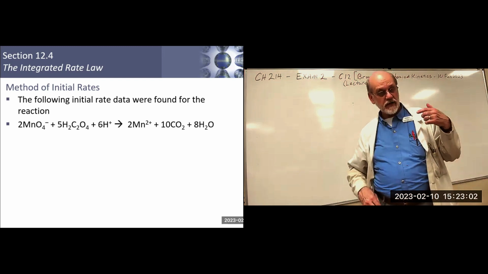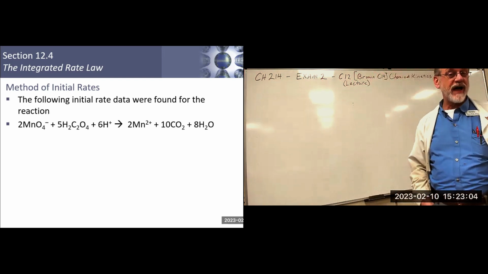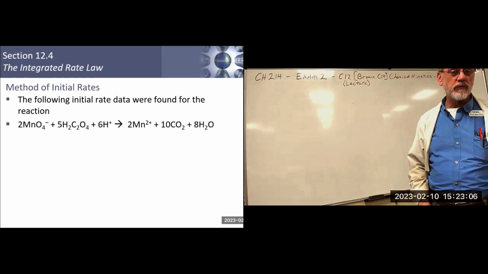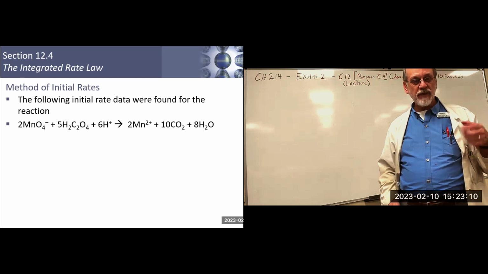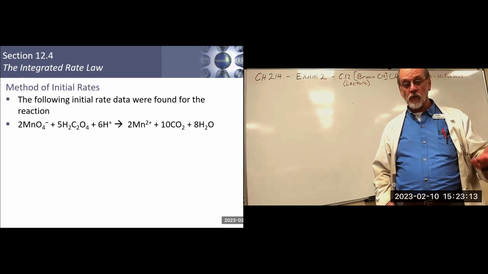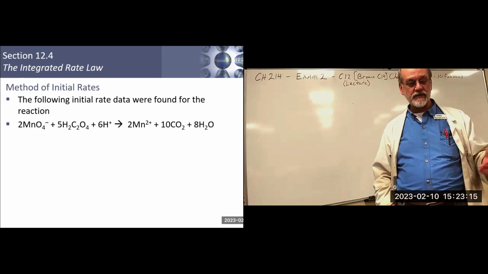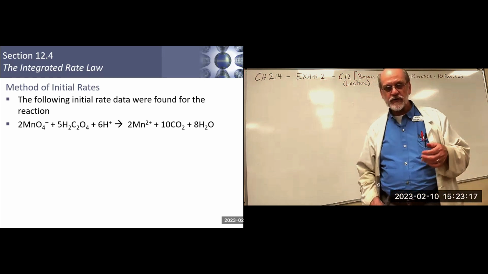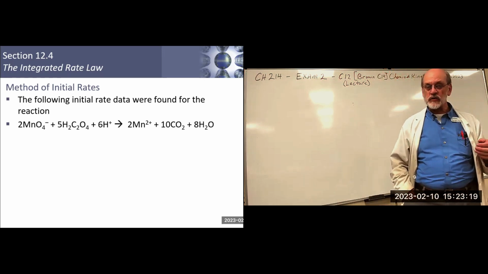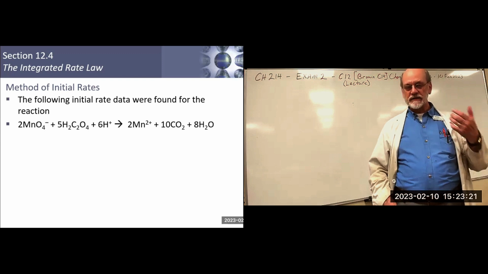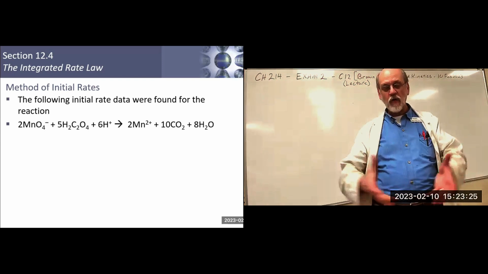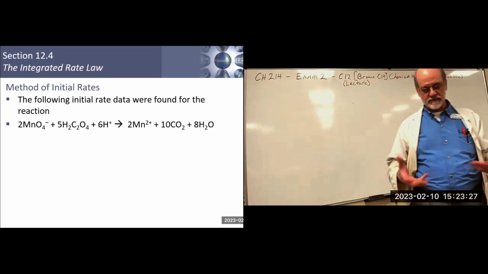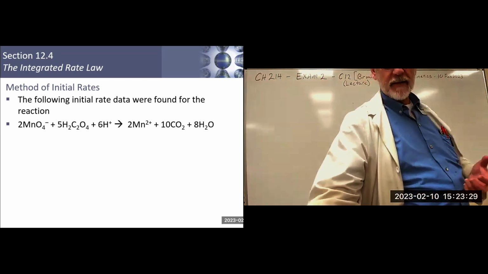And we've got 2 MnO4 minus plus 5 H2C2O4, which I think is oxalic acid, plus some other source of protons, an acid of some kind. Yields 2 manganese 2 ions, 10 carbon dioxides, and 8 waters. So that's our overall balanced equation for this study.